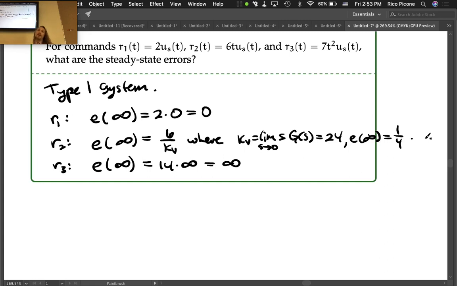Or if you did it in degrees, your error would be in degrees. So it's whatever units you're using for your output. If you're measuring it in whatever unit you measure it in, then that's the unit that the error shows up in.